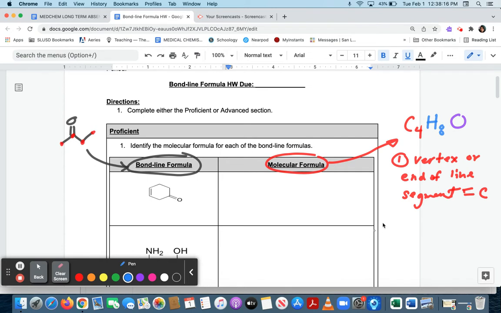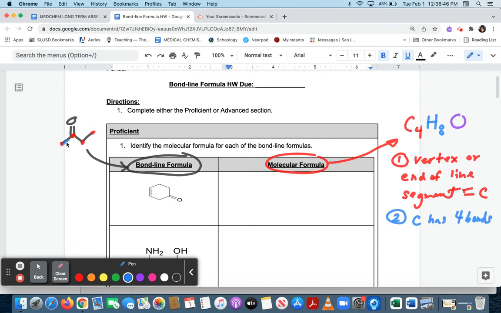The hydrogens are a little bit trickier. So to identify the number of hydrogens, I need to recognize that carbon has 4 bonds. Or carbon is always connected to 4 other elements, right? So looking at this carbon in red, notice that there's already 1 bond line connecting it to this second carbon here to the right.